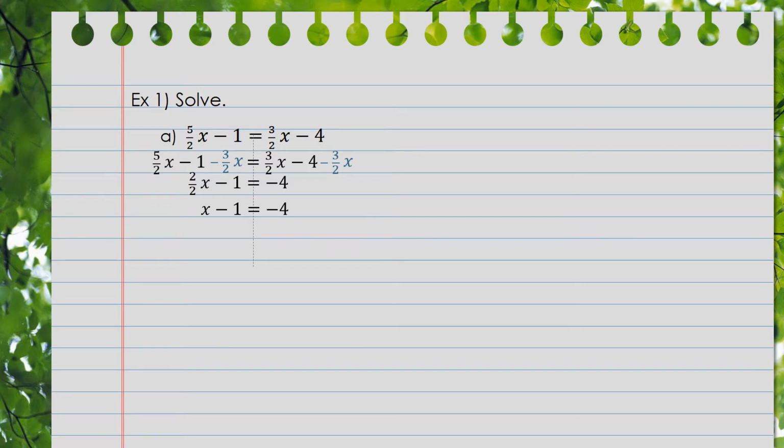Looking on the left side, we have x minus 1. Since we read that as subtracting 1, to undo that we must do the opposite operation. The opposite of subtracting 1 is to add 1, but we have to do it to both sides of the equation. And when we do that, that leaves us with x equals negative 3.